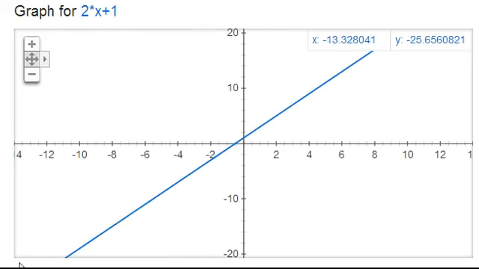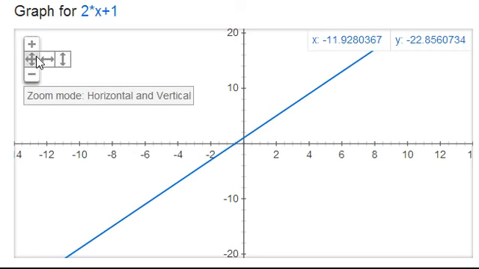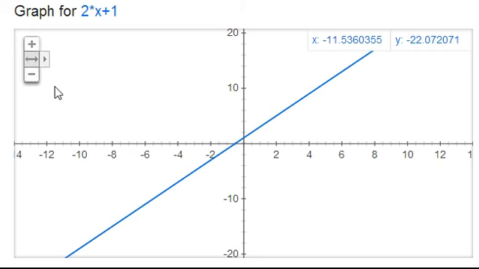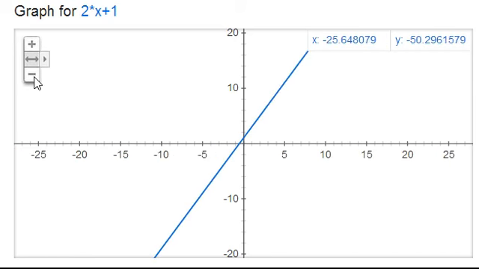Well, let's find out. It looked like it rescaled again. Let's zoom out on the x-axis and try to get as close as we can. As you can see right here, the graph moved up 1 unit.